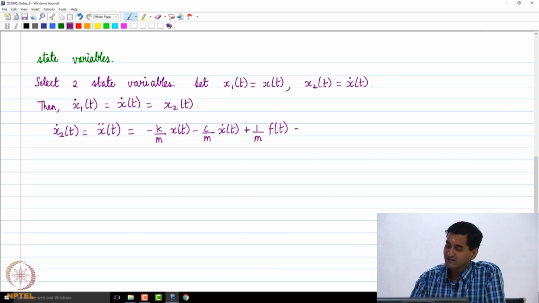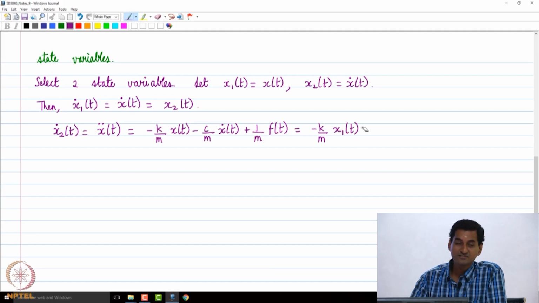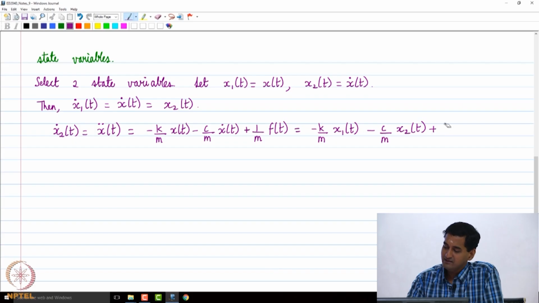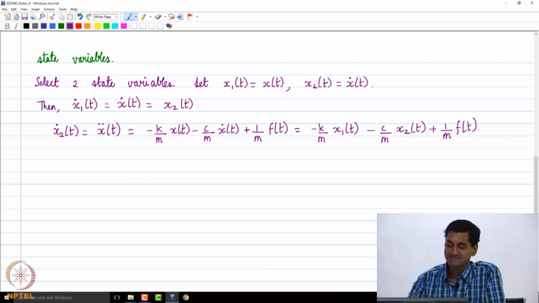Now what is x of t? It is the first state variable, right? So I can replace x of t as x1 of t, and x dot of t is going to be x2 of t, and f of t is the input, I retain it as it is.